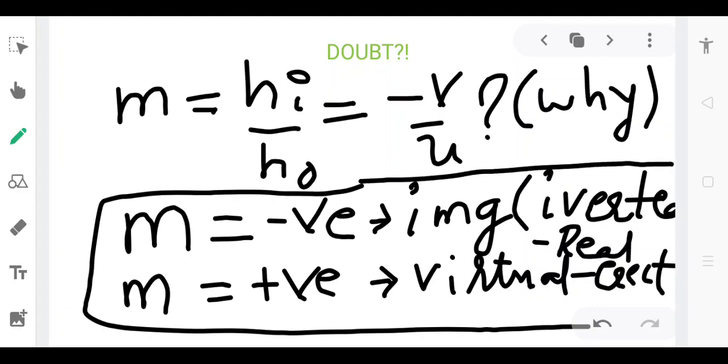If m is negative, the image will be inverted and real. If m is positive, it will be virtual and erect. So let's go to the next step.